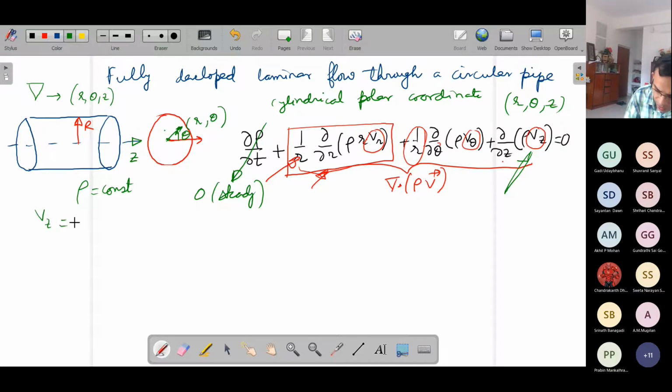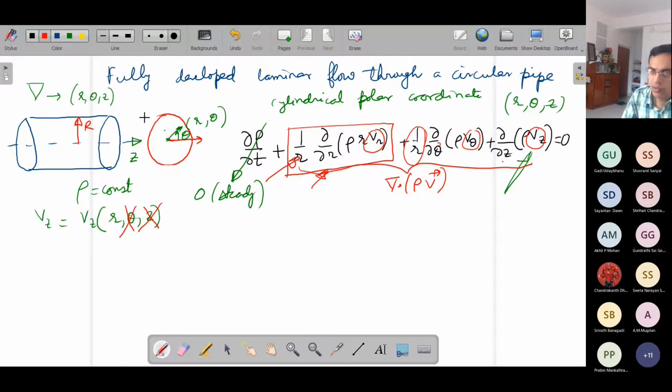Vz could in general be a function of what? r, theta, z, right? If Vz is not a function of z, then that is fully developed flow, just like u not a function of x in a rectangular system. It is not a function of theta. Why?